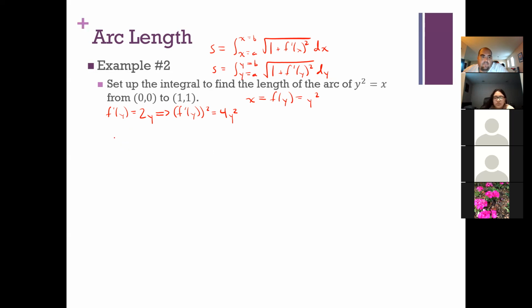Just set up the integral. Okay. So the integral from, I'll let someone describe the limits to me, but I'm integrating the radical 1 plus 4y squared dy.